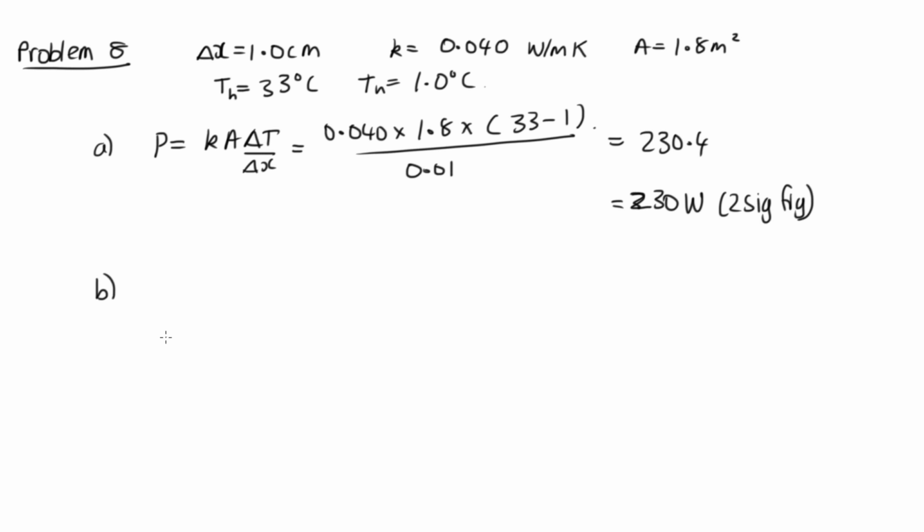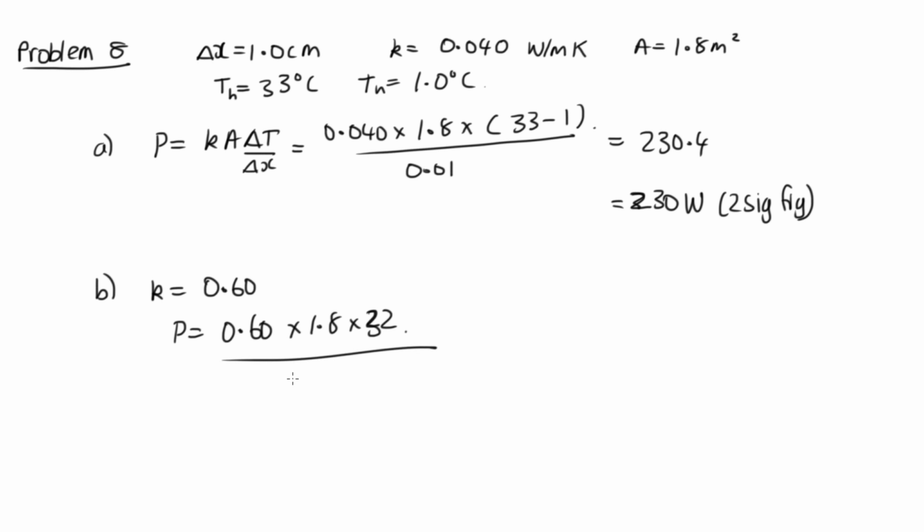Okay, now the poor skier falls into some water, and his soaked clothes have a new thermal conductivity of 0.60. So this is a higher thermal conductivity. So now we can calculate the power again. It's 0.60 instead of 0.04 here times 1.8 times the change in temperature, which is the 32.